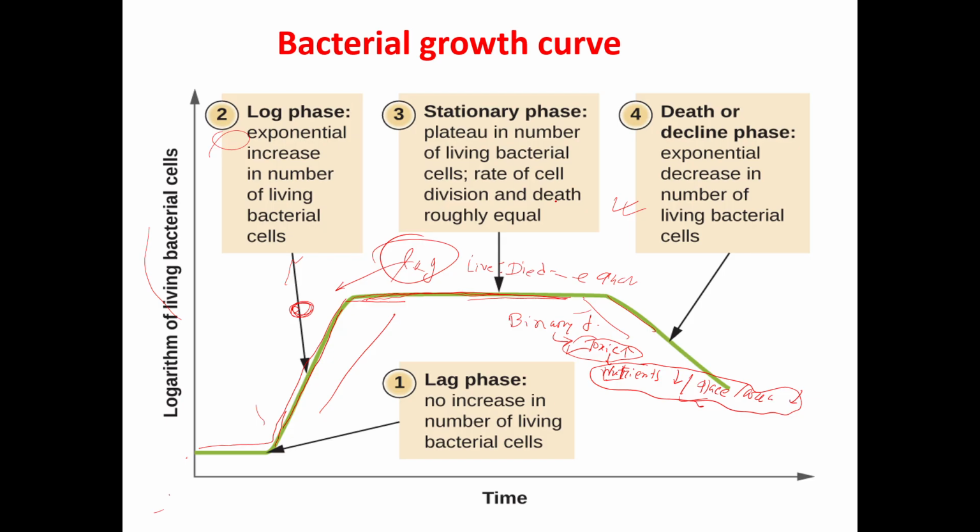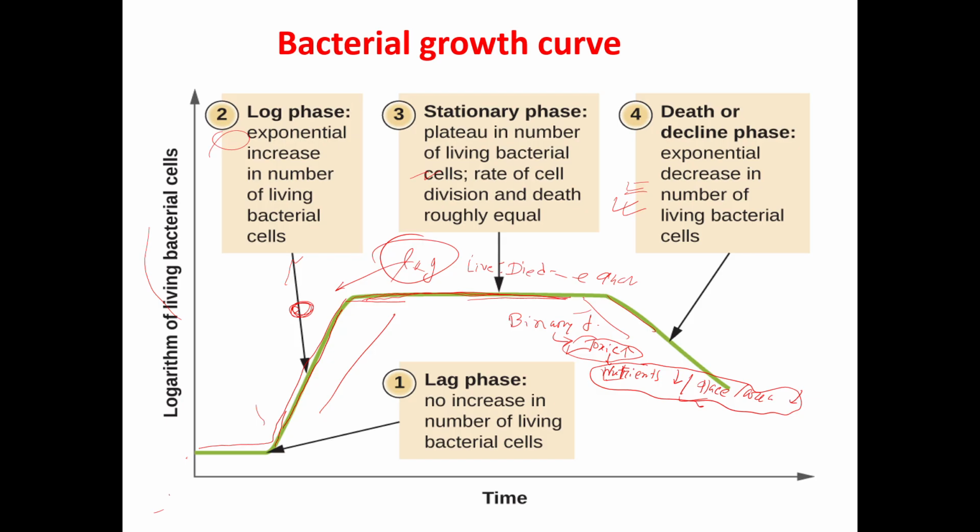If any bacteria are not dead in this death or decline phase, we can say that these bacteria are antibiotic resistant. And if any bacteria are not dead in this phase, we cannot apply any antibiotic that was applied before to kill the bacteria. So this is very important for the antimicrobial test. We can apply the antibiotic in the log phase, because in this stage the bacteria are very active in binary fission, and they are taking very much nutrients to multiply.